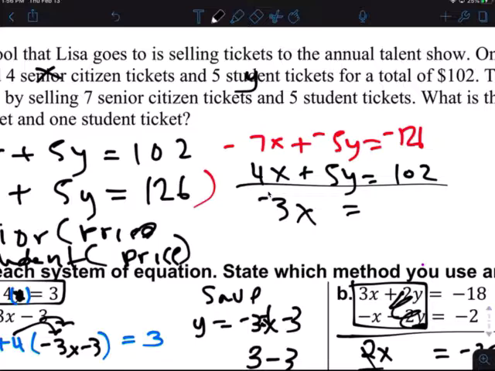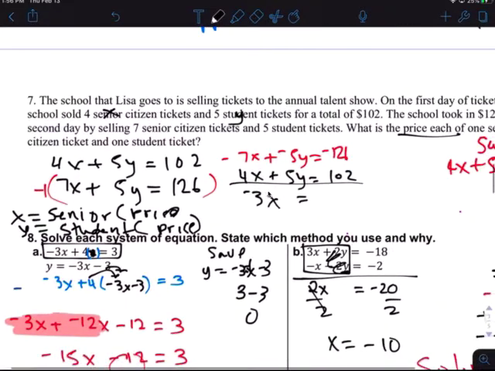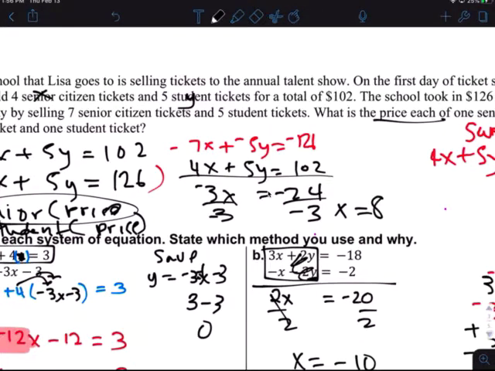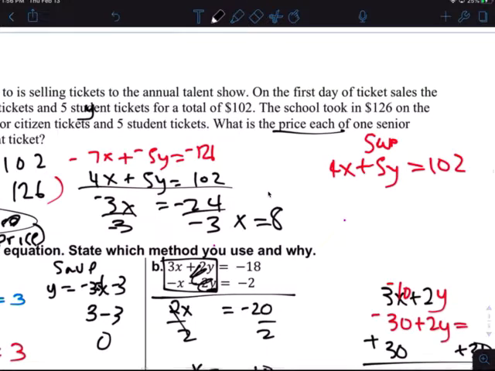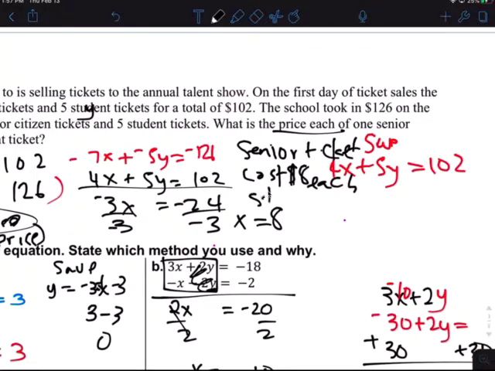I'm going to have you finish the rest because negative 24 x equals 8, right? x is the price of senior citizens tickets. So senior tickets cost $8 each. Well, student tickets, you need to substitute this back into here and find it, okay?